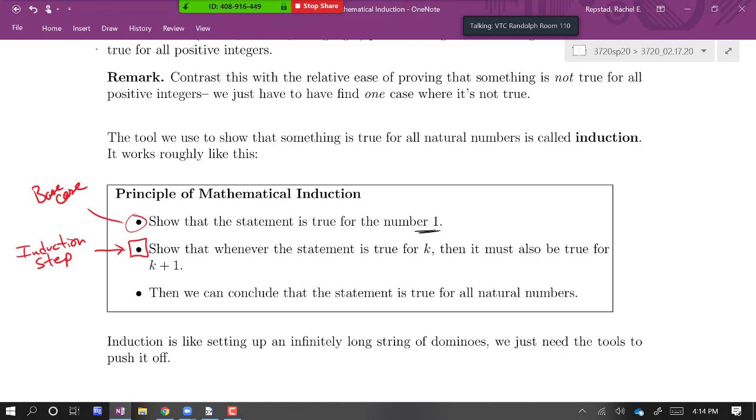You assume that it's true for some integer k and then show that it must then be true for k plus 1. If you've done that, then if it's true for 1, that induction step shows that it has to be true for 2. And if it's true for 2, that induction step shows that it has to be true for 3. And if it's true for 3, that induction step shows that it has to be true for 4. That's the infinitely long string of dominoes. That's what induction is. So we're going to do a few examples.